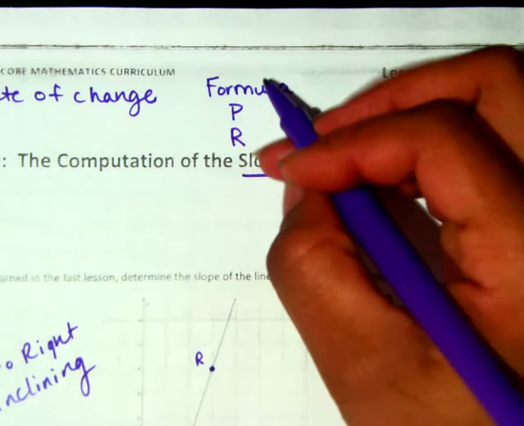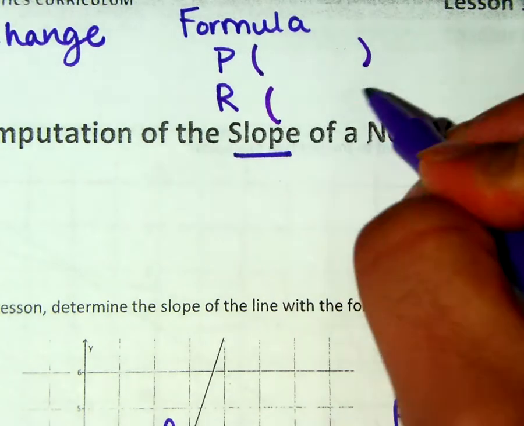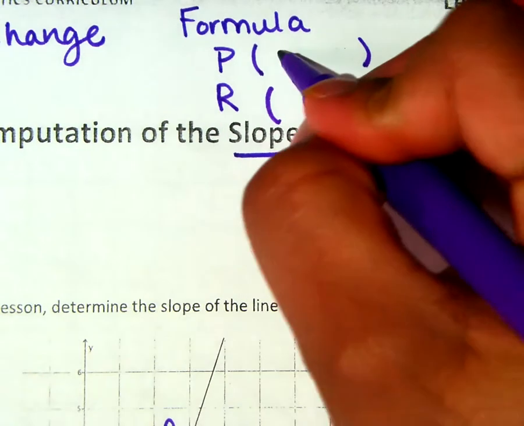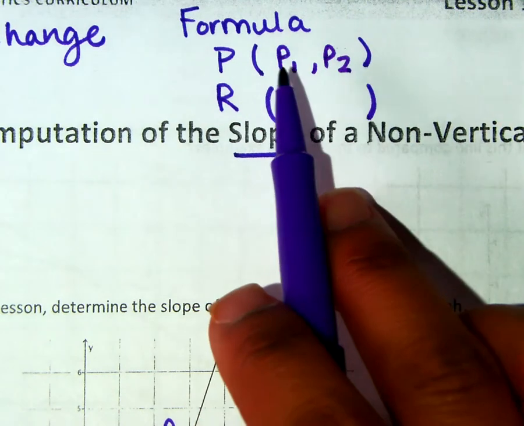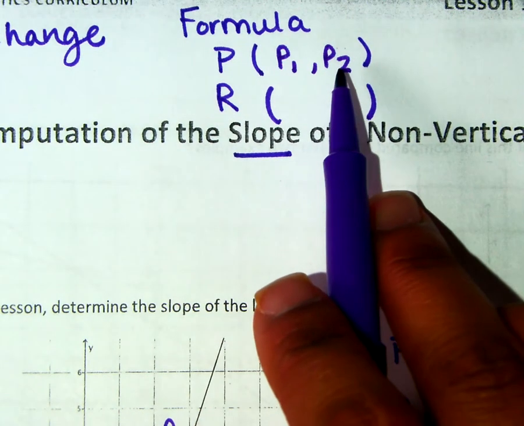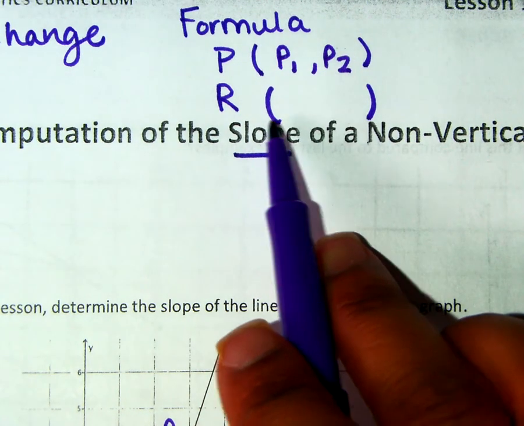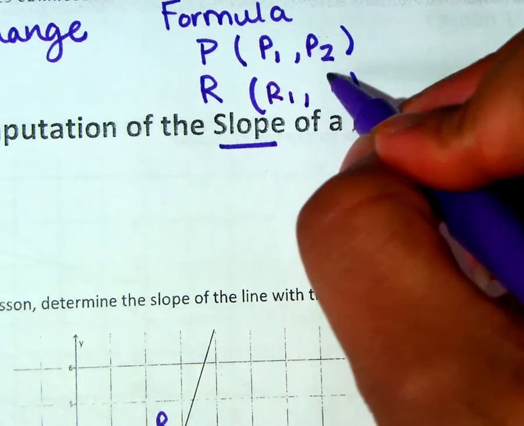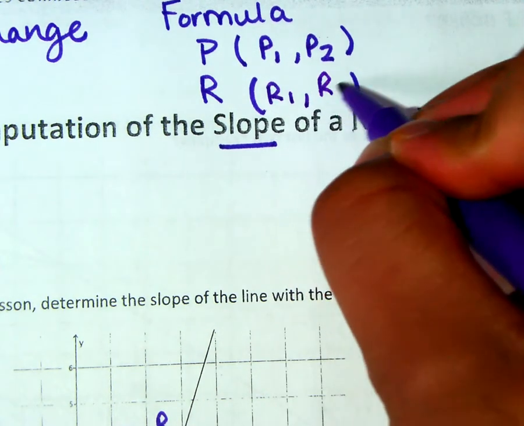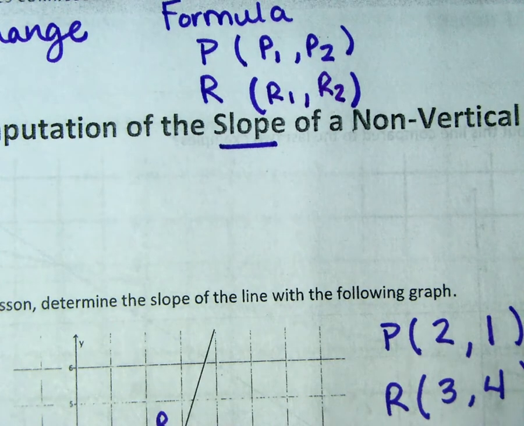Okay, in point P, go ahead and label our ordered pair to be P1 and P2. So our X's are P1 and our Y's are P2. Likewise, in ordered pair R, our X is going to be R1 and our Y is going to be R2.